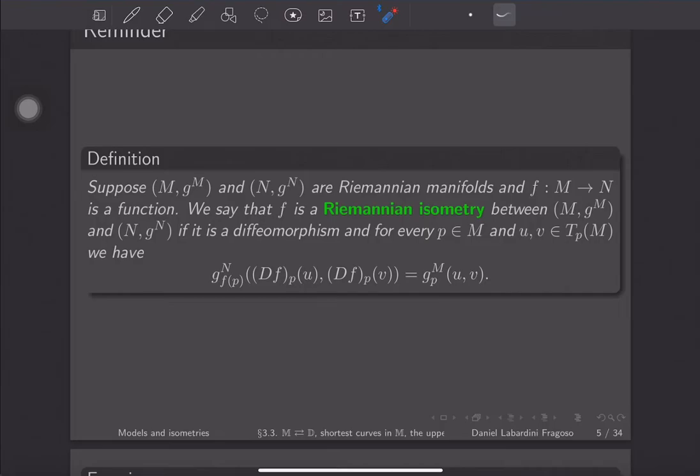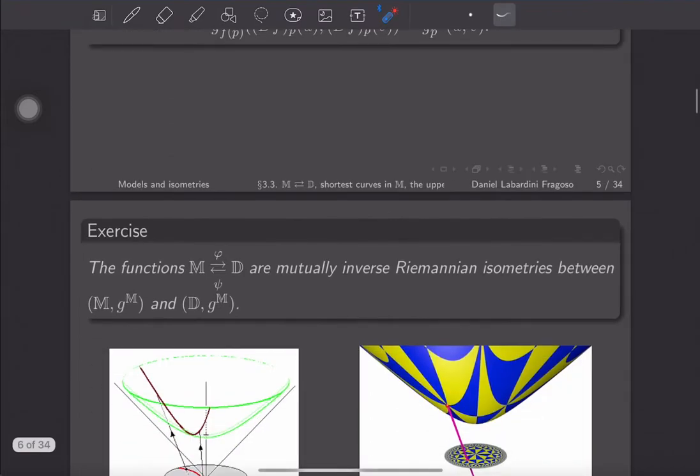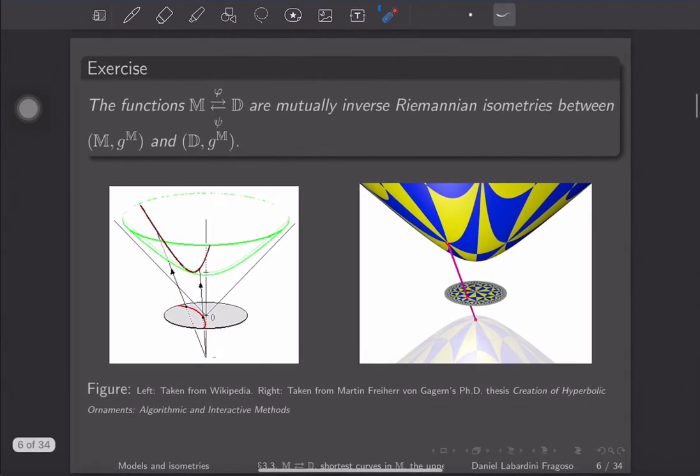A Riemannian isometry is a diffeomorphism so that measuring an inner product gives you the same result if you measure before going through the diffeomorphism, or after going through the diffeomorphism, right? And then at the level of tangent vectors, the way you go through the diffeomorphism is by applying the derivative. Right, then as I said, the exercise is that these are Riemannian isometries.